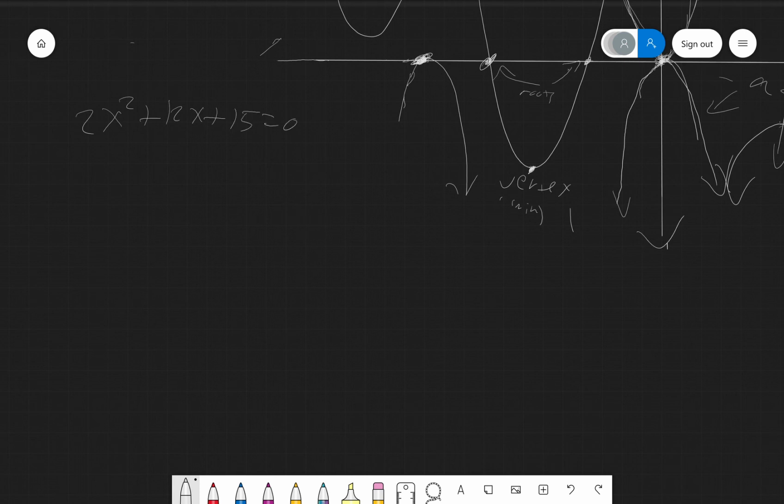So what we do is complete the square. We first subtract 15, and we get 2x squared plus 12x equals negative 15. Divide by the leading coefficient, which is 2, and we get x squared plus 6x equals negative 15 over 2.